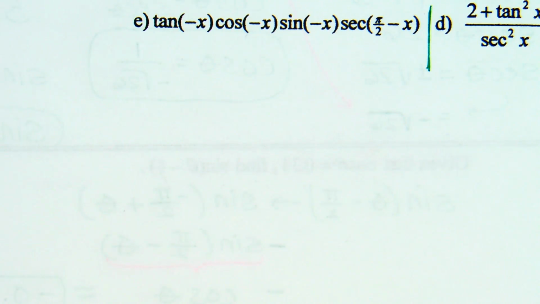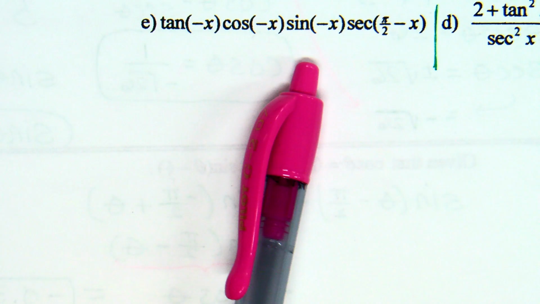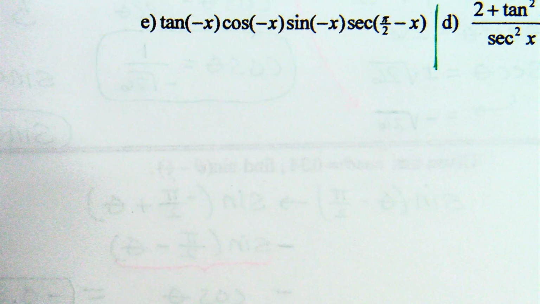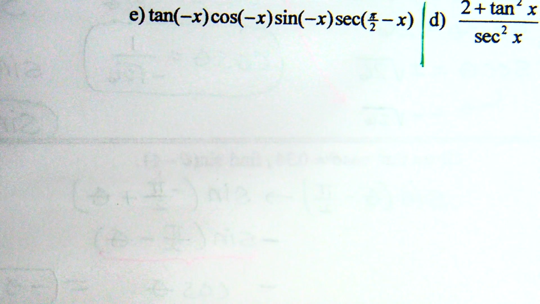I have red flags going off all over in my head because there are 2 types of identities we have to look at here. When I see a negative variable inside the parentheses, that tells me we're going to look at our even and odd identities.